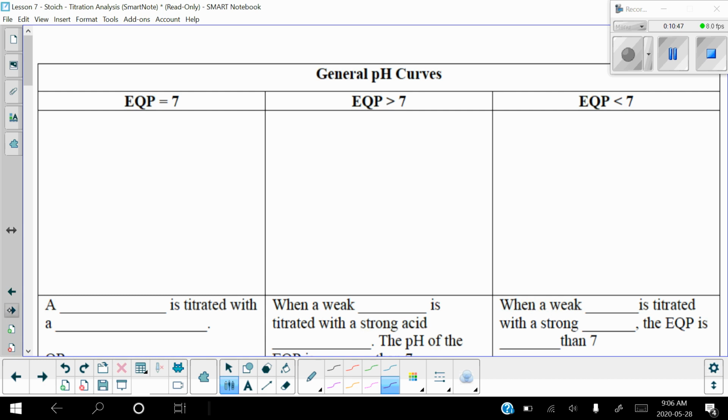So we're going to start off with the first one, equivalence point of 7. So let's draw that. You're going to start off with your curve, volume, pH, and then we're going to first start off with, there's two scenarios here.